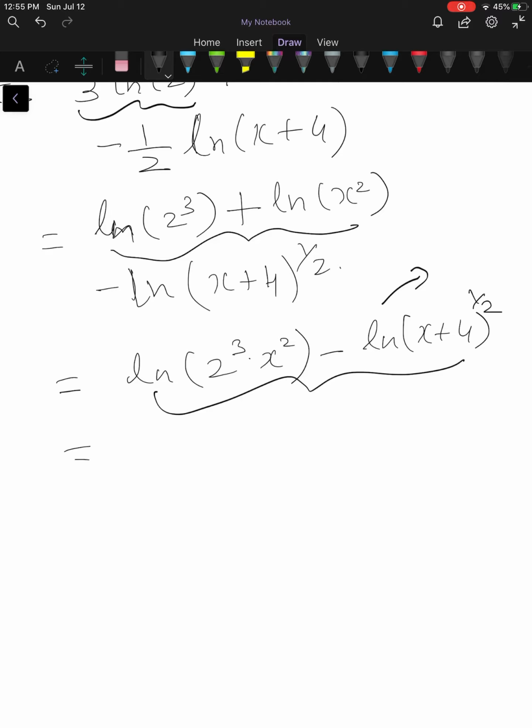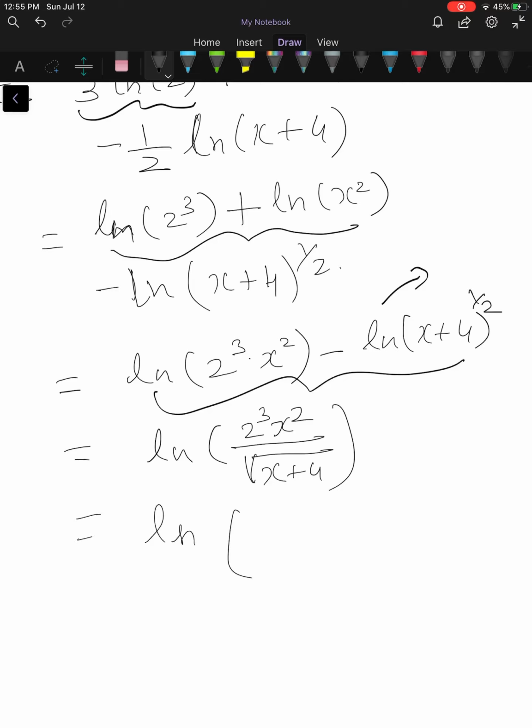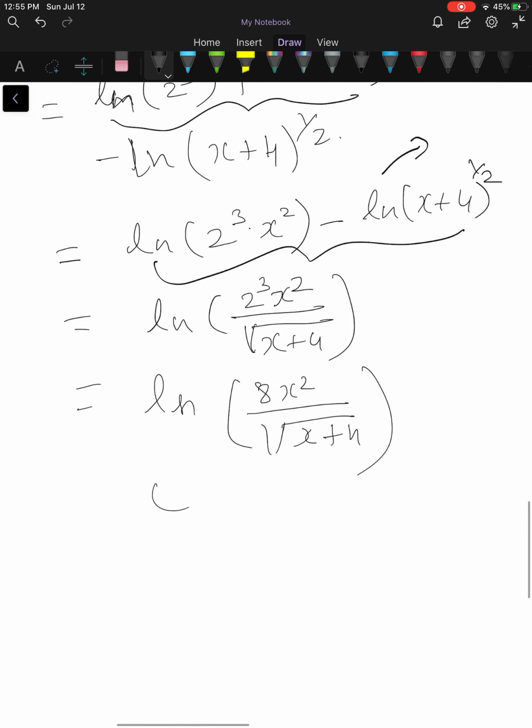So that is, you have RHS format here, you have to combine them applying the LHS, that is ln of 2 cube x square divided by square root of x plus 4, correct. So you can rewrite this as ln of 2 cube is nothing but 8x square divided by square root of x plus 4. So this is the combined form.